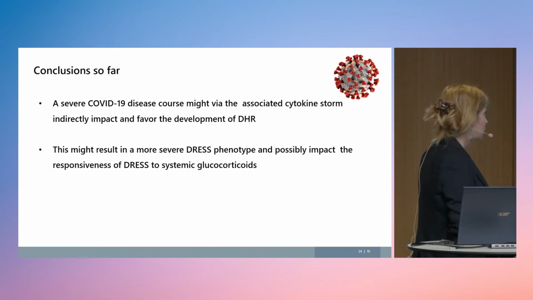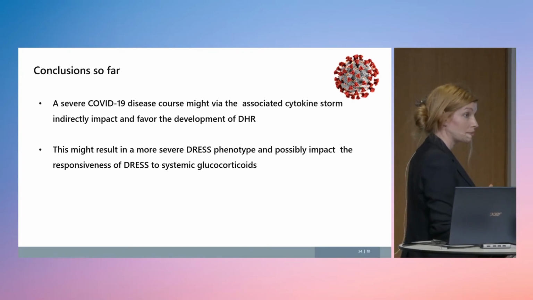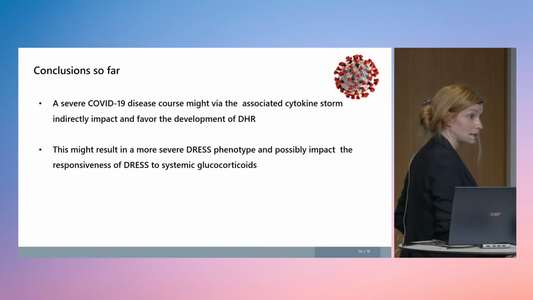So basically, what can we extrapolate from this? In patients with a very severe COVID-19 disease course, it could be possible that the associated cytokine storm, even in the absence of the virus, might indirectly impact and favor the development of delayed-type drug hypersensitivity reactions.